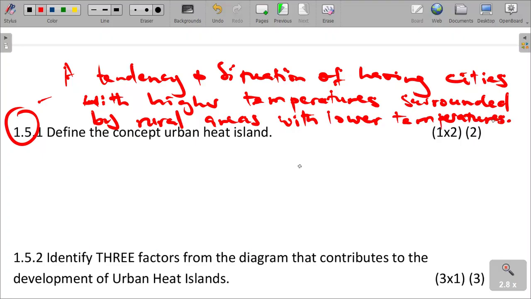So what happens, class, is that we tend to have high temperatures in the city.